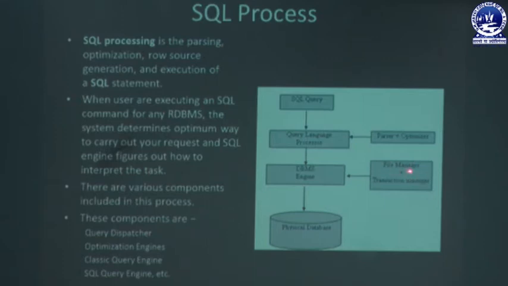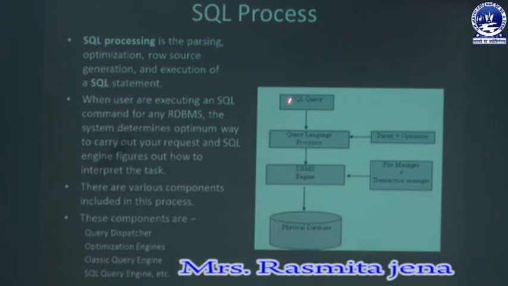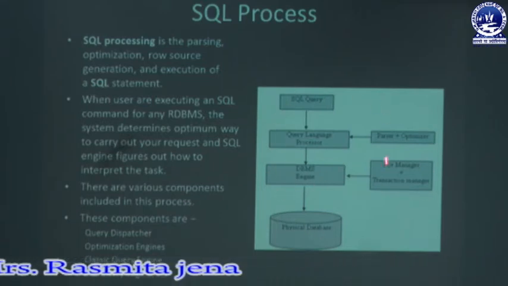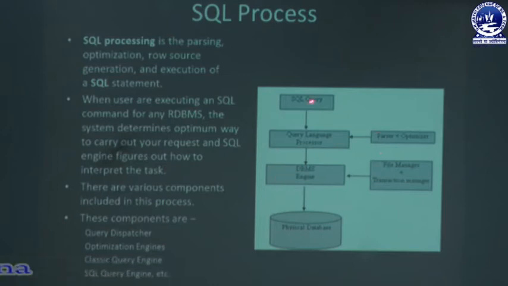Similarly, the file manager is a software program that helps the user to manage all files on the computer. For example, the file manager allows the user to view, edit, copy or delete files. Okay? Then next is the physical database step. So these are the different steps through which we can execute an SQL query.